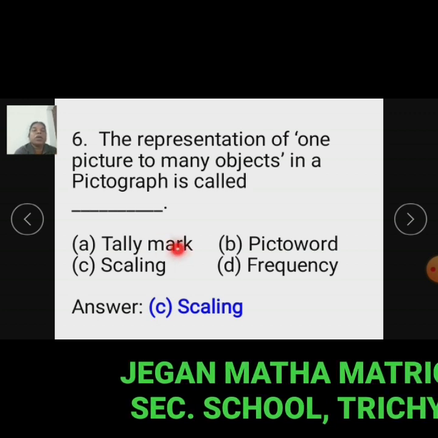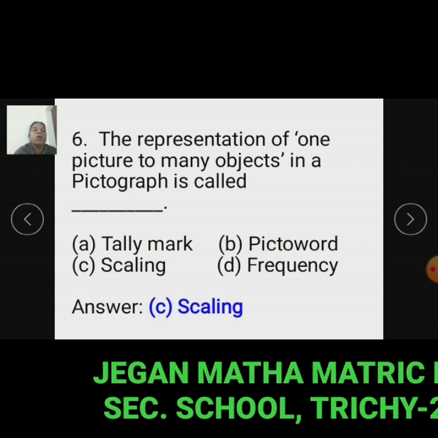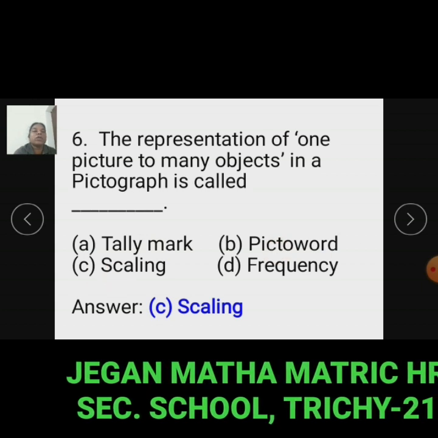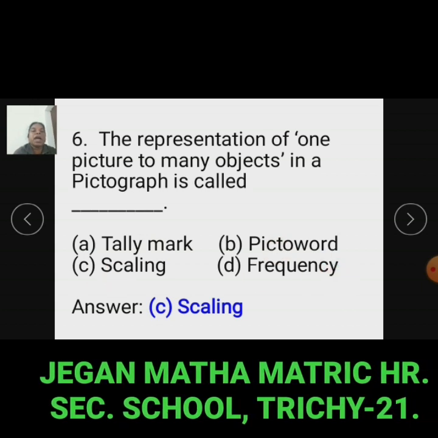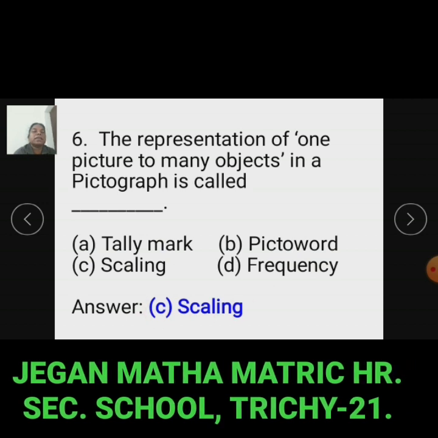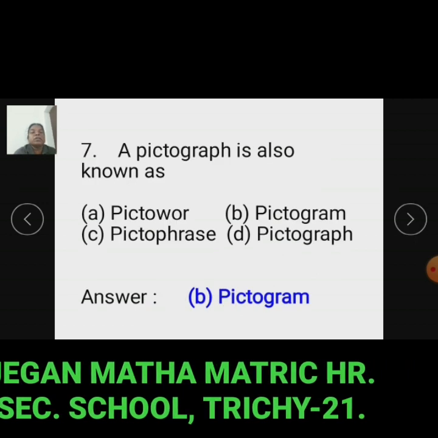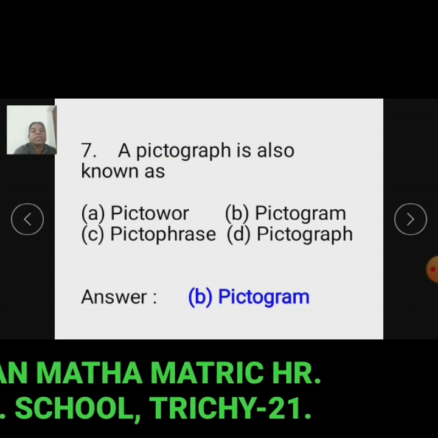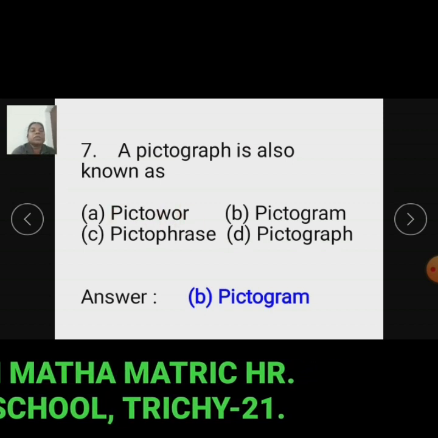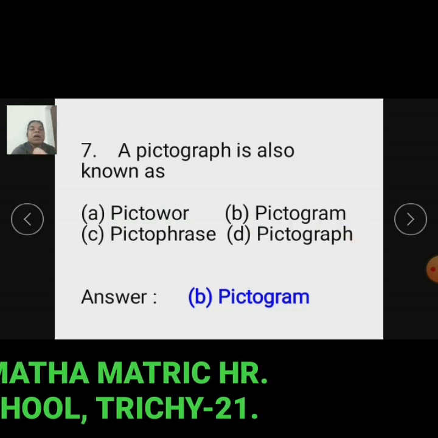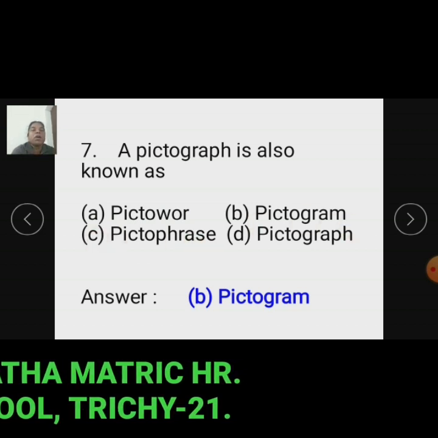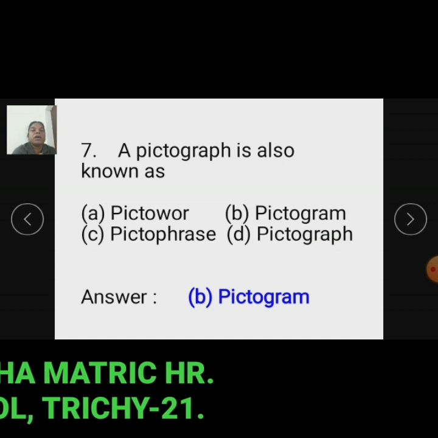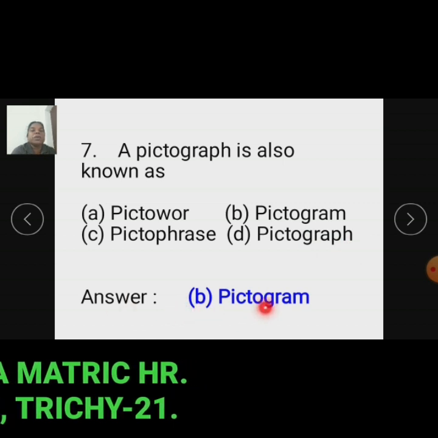Option A tally mark, option B pictoword, option C scaling, option D frequency. The answer is option C scaling. Question number 7. A pictograph is also known as: option A pictoword, option B pictogram, option C pictophrase, option D pictograph. Answer is option B pictogram.